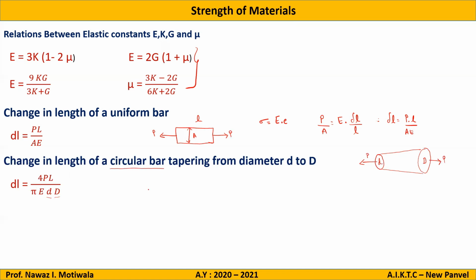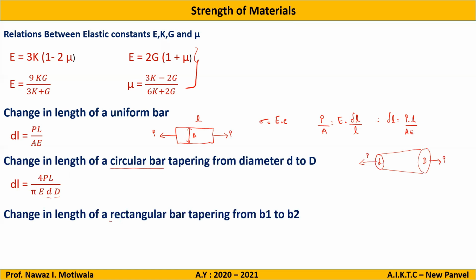Now let us see a case where there is a rectangular bar. The same things apply, but instead of a circular bar, there is a rectangular bar. Let us assume that the width here is B1 and the width here is B2, and it is a tapered bar.